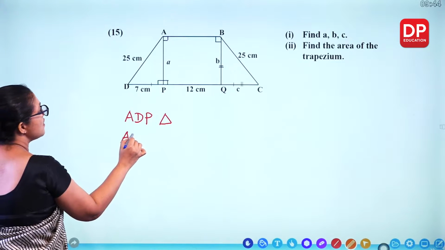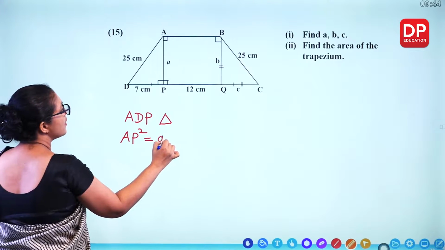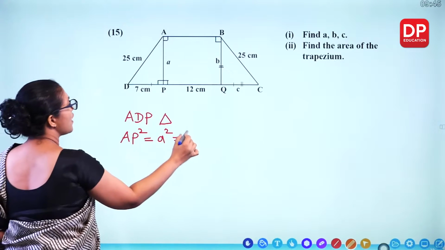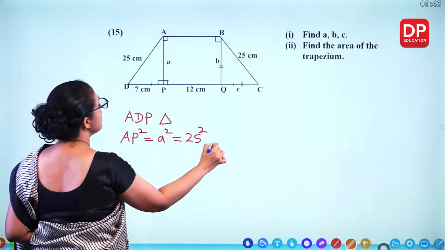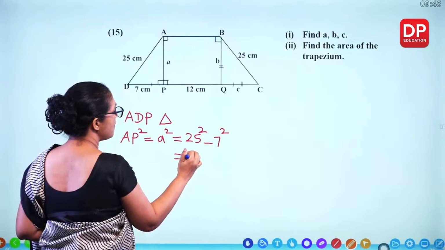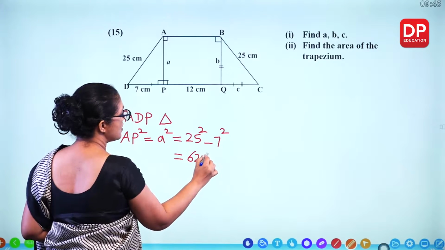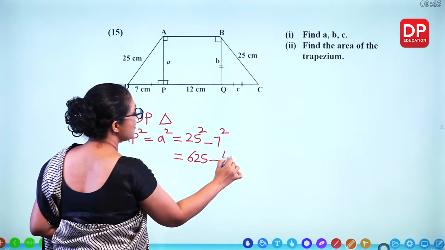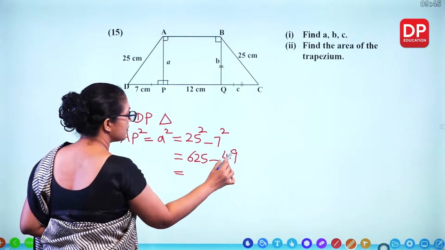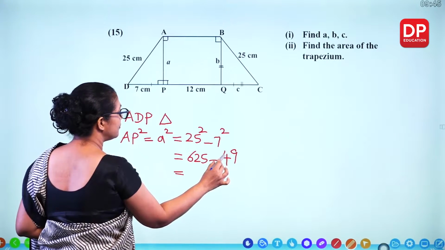So what is AP squared, or A squared? That's not the hypotenuse. So you can take 25 squared minus 7 squared. 25 times 25 is 625. 7 times 7 is 49. When you subtract, what do you get?